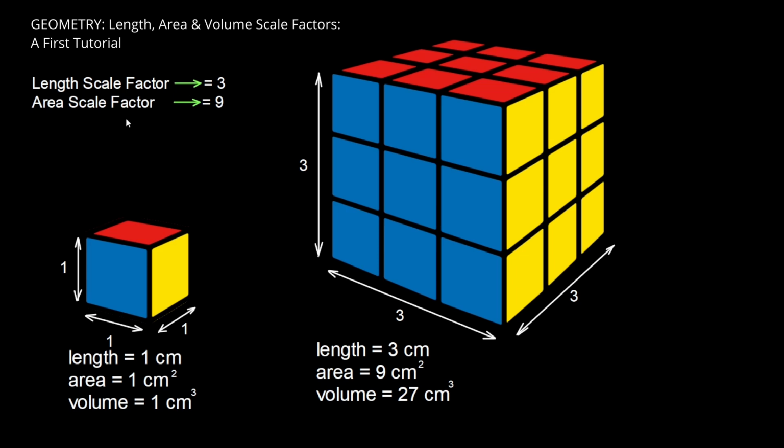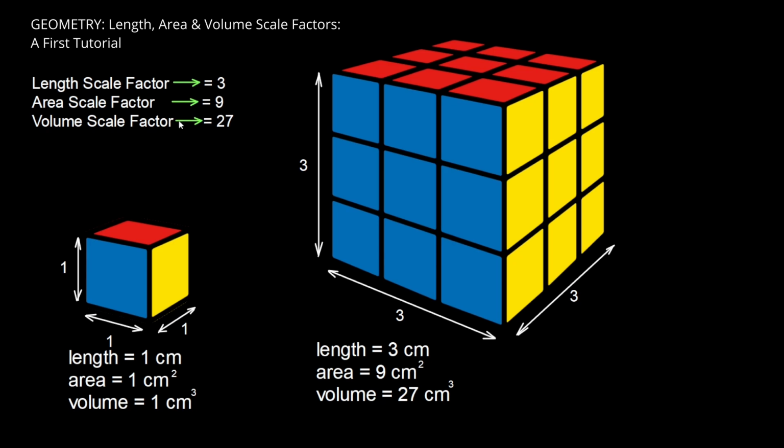So I can say that the area scale factor going from the left to the right is 9, which means any area on the left has to be multiplied by 9 to get to the area on the right. And similarly, because the volume involves 3 dimensions, all of which have gone up by a scale factor of 3, the volume has gone up by a scale factor of 27.